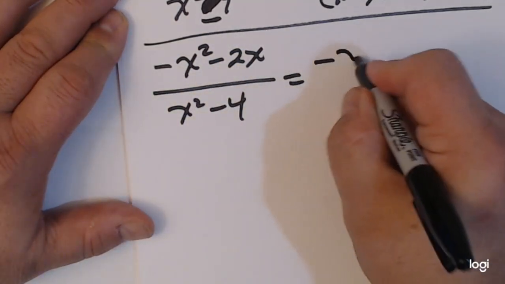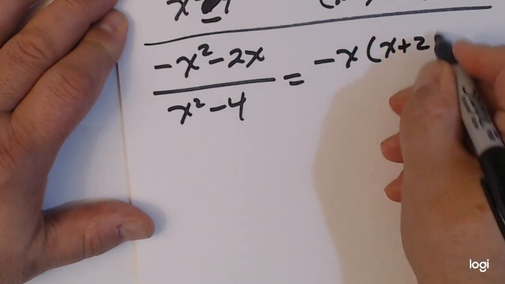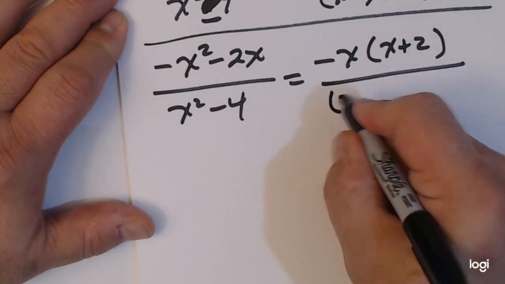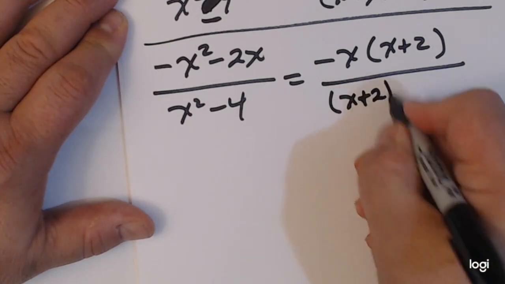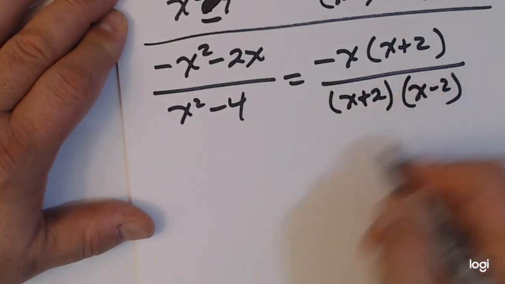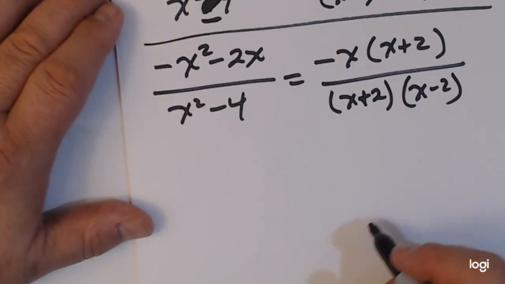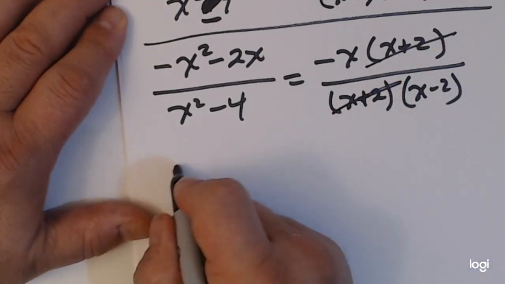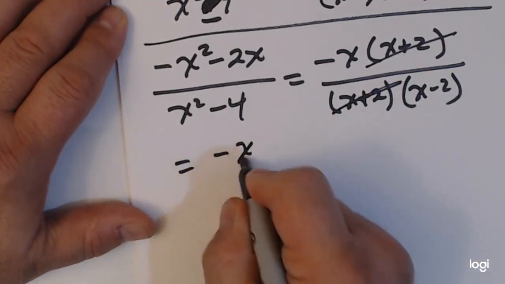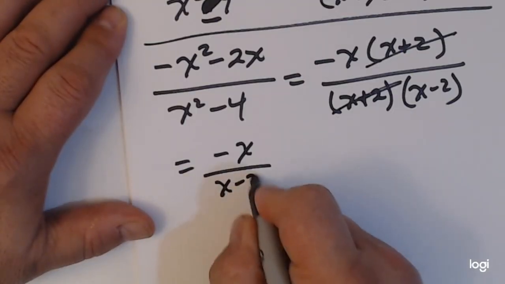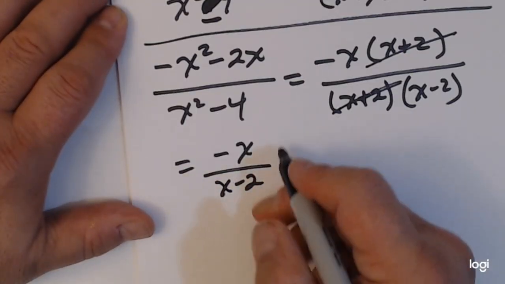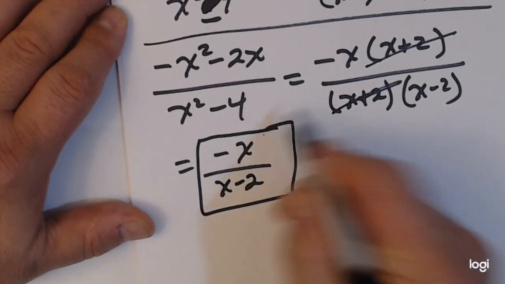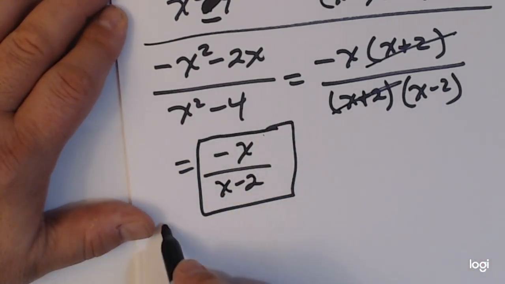So that gives us negative x times x plus 2 over x plus 2, x minus 2. We have the difference between squares there. The x plus 2's cancel, and that gives us negative x over x minus 2. And there's our factorization for that guy.